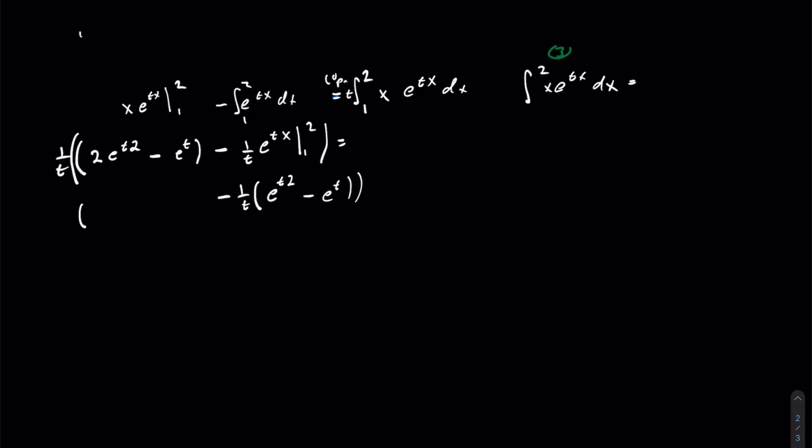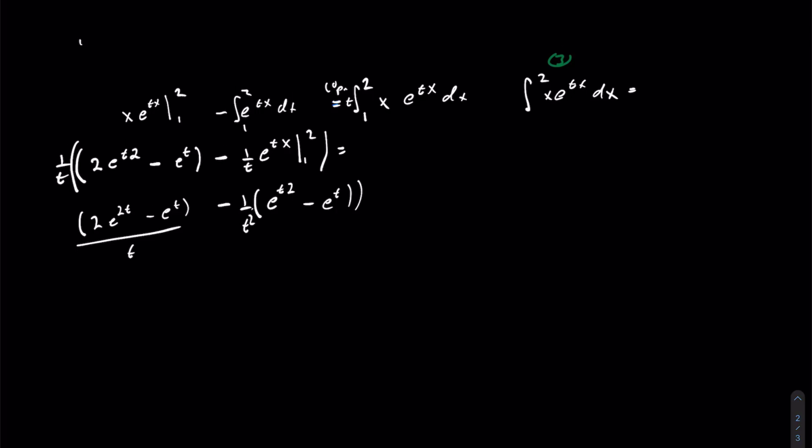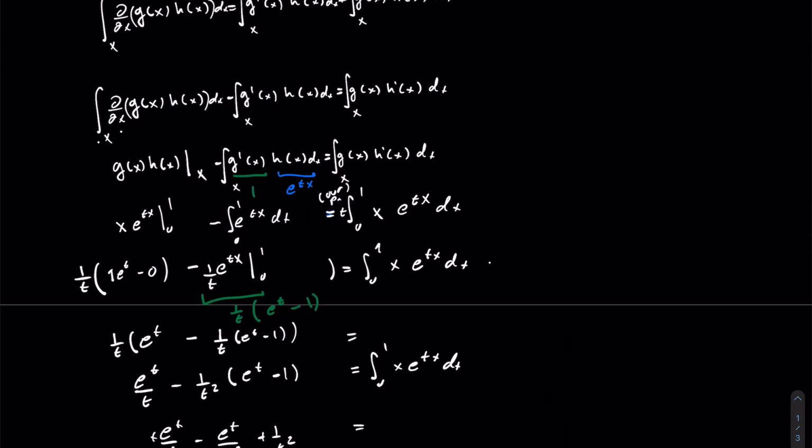So that gives us 2e to the t minus e to the t divided by t. This whole thing becomes 2 squared t. Okay.